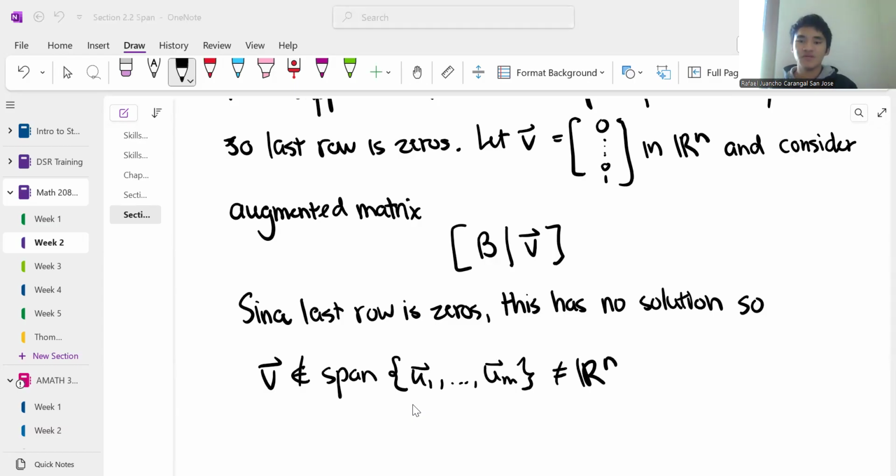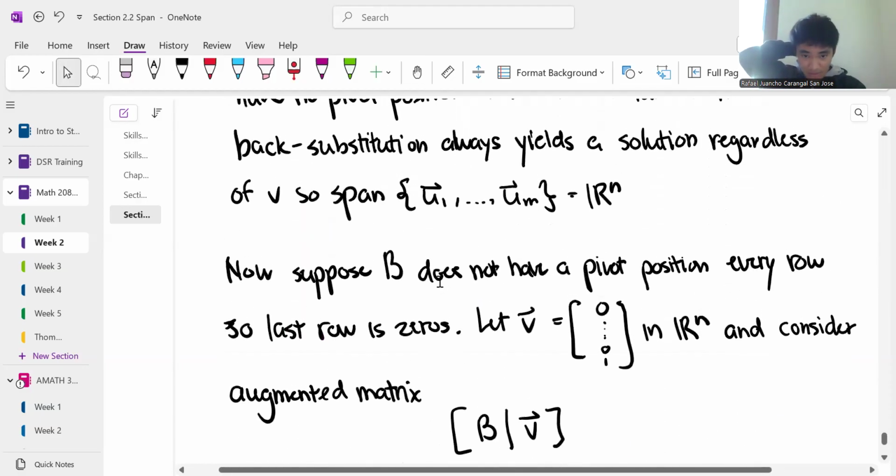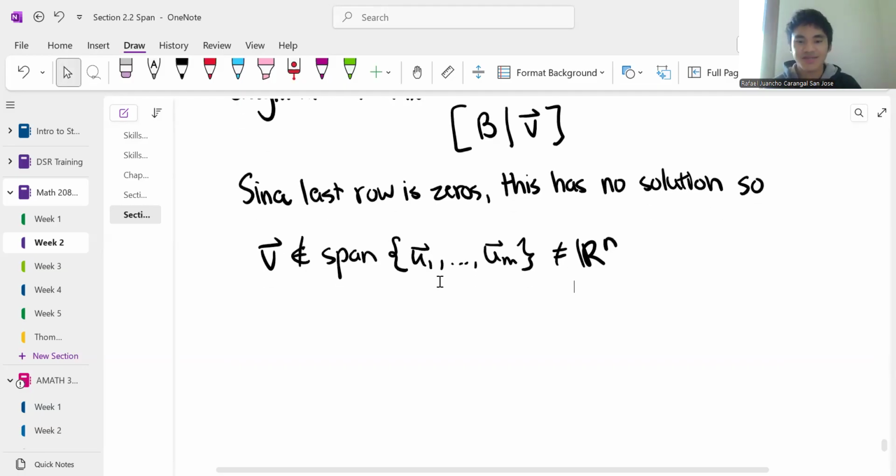Why? Because V is in Rn, but it's not in the span, so the span is not Rn. Okay? I hope that made sense. Lots of proving here, but I hope that made sense.